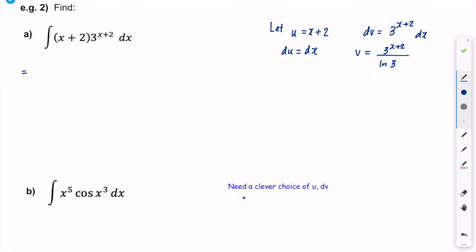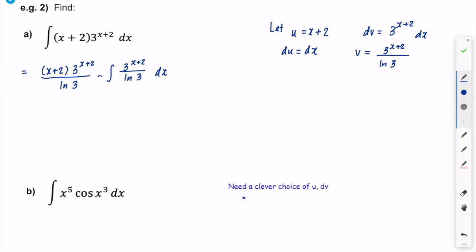And so we will have uv, which is x plus 2 times 3 to the power of x plus 2 over ln 3, minus the integral of v du. So v is 3 to the power of x plus 2 over ln 3, which is just a number. du is dx like that.